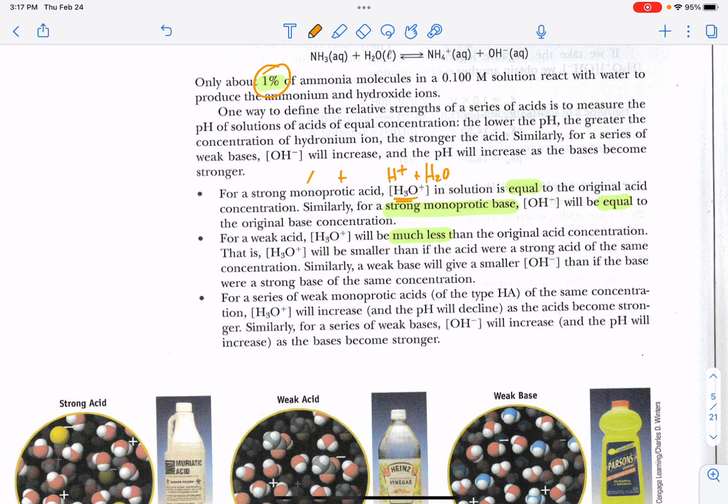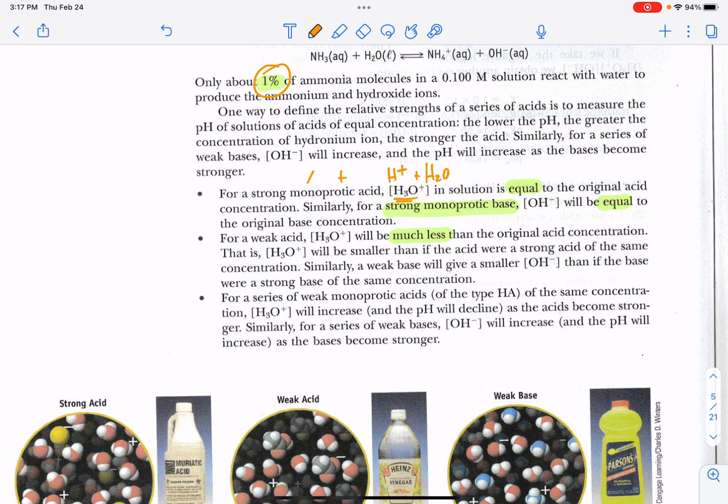And if you only get one of those when an acid dissociates, we say that's a monoprotic acid. And if it's a strong monoprotic acid that dissociates completely, the concentration of the original strong acid equals the concentration of the protons, that is to say the hydroniums, which equals the concentration of the anions, the other part of the molecule, which in this case would be spectator ions.